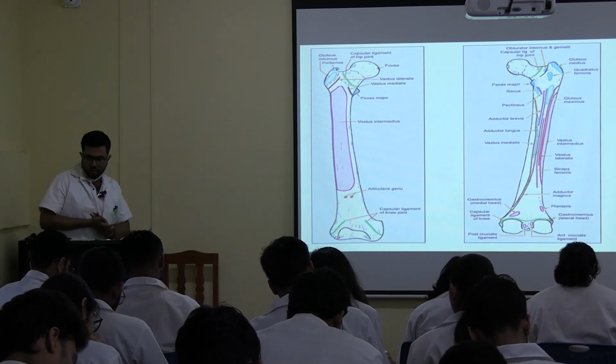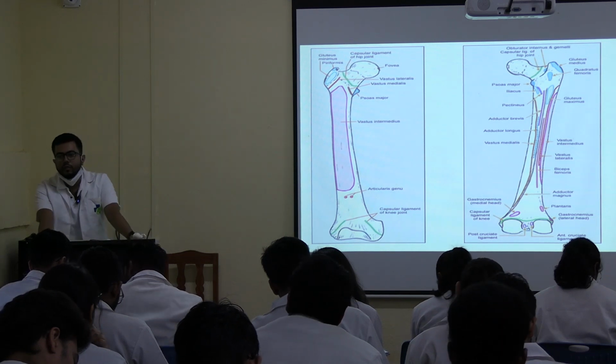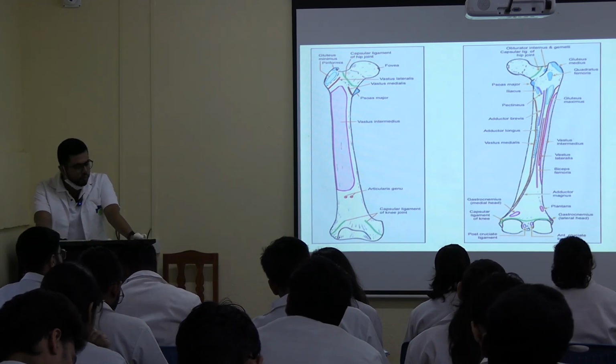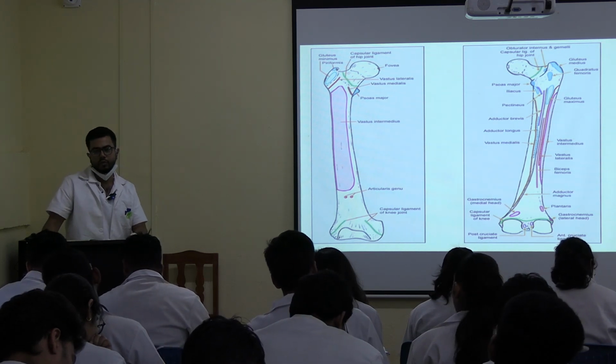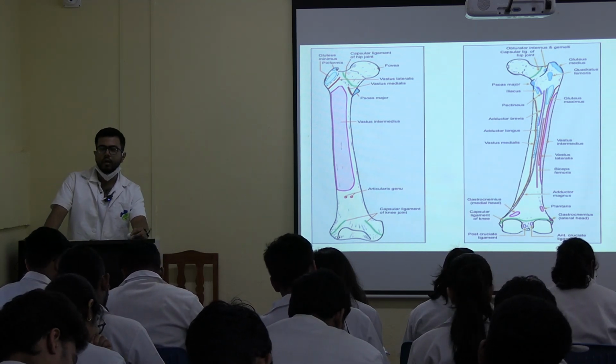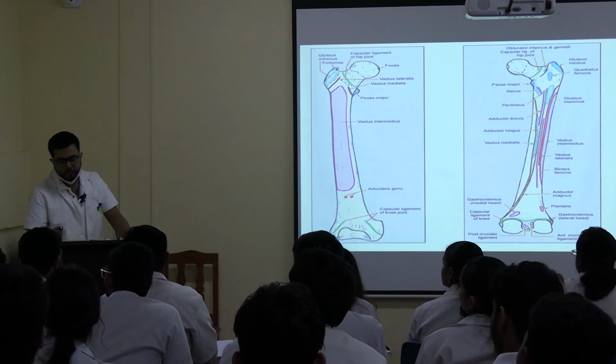Four things you need to say. Then lateral to the gluteal tuberosity, then on the lateral lip of linea aspera.